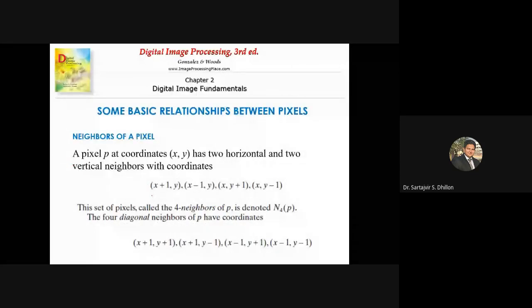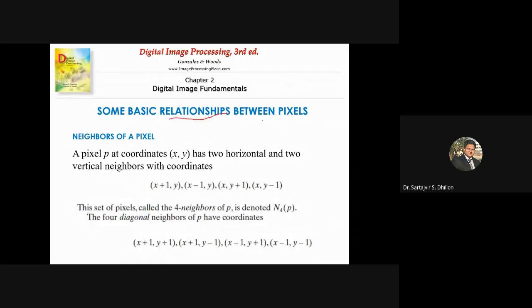Okay, this is the neighbors of a pixel. That is just representing the basic relationship between the pixels, and this is representing the coordinates.